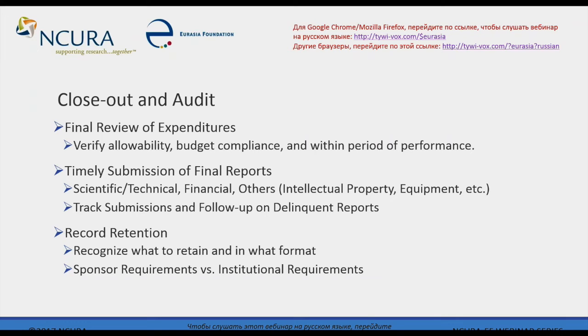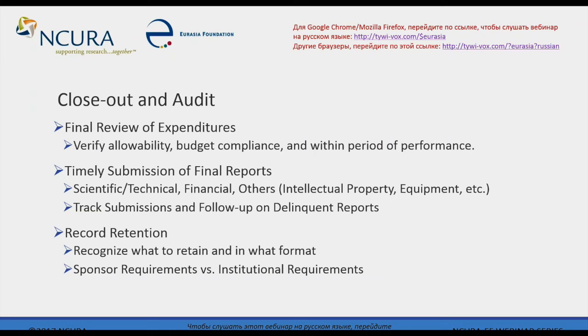Many sponsors are very large and manage hundreds, if not thousands, of awards at any point in time. It is possible that sponsors can lose reports and ask for copies or remind you that reports have not been submitted. So being able to verify that yes, those reports were submitted and who they were sent to is very important.